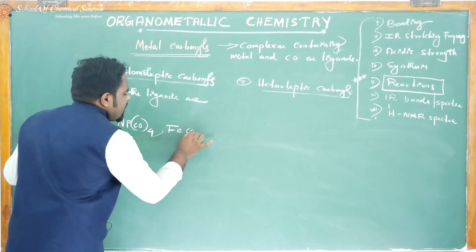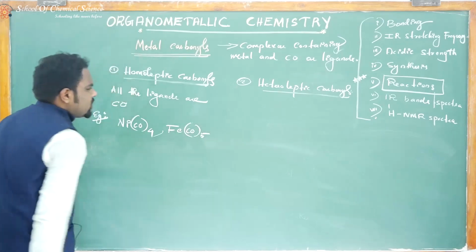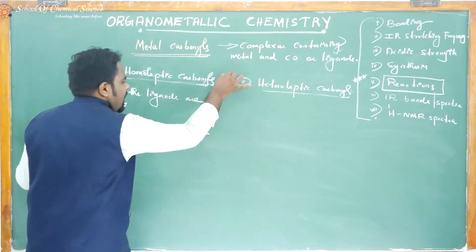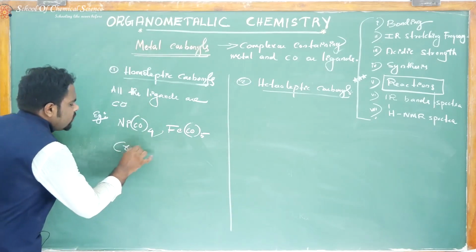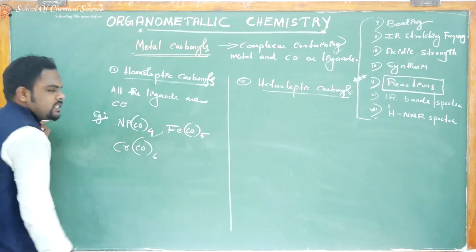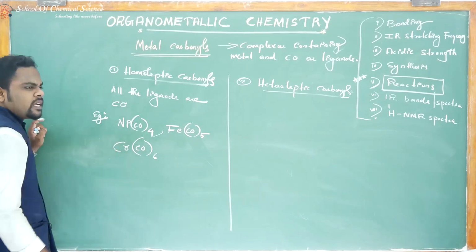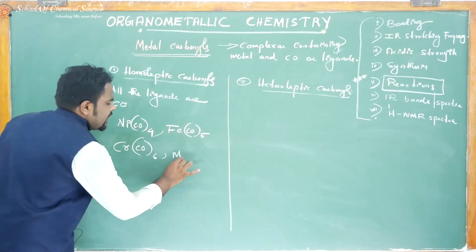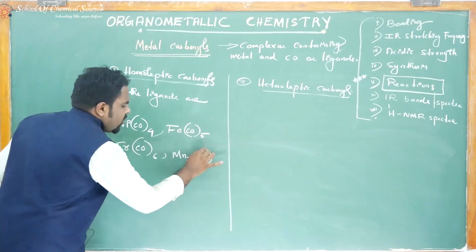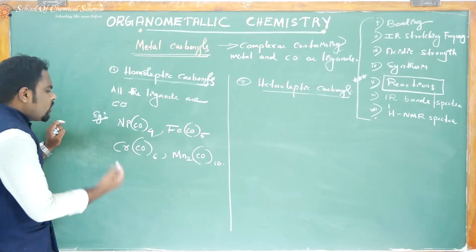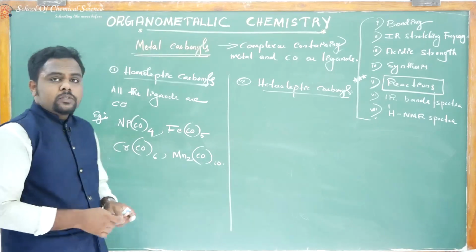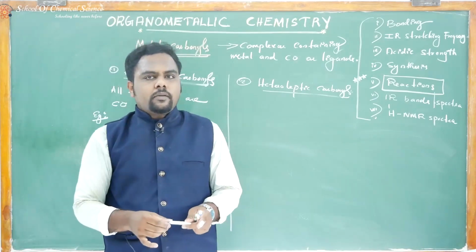Or Fe(CO)5, iron pentacarbonyl. Or Cr(CO)6, Mn2(CO)10. These are some popular examples of homoleptic carbonyls.